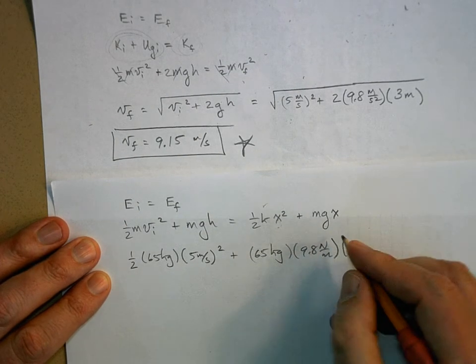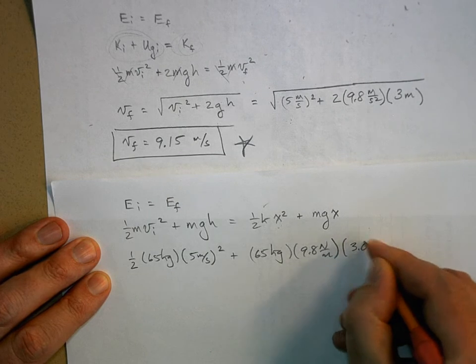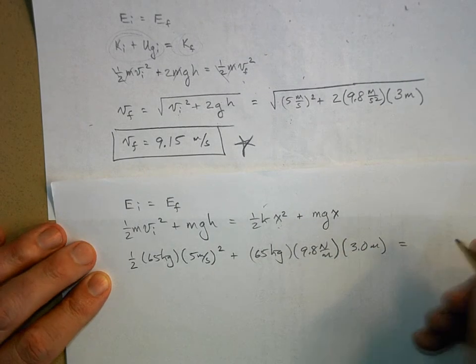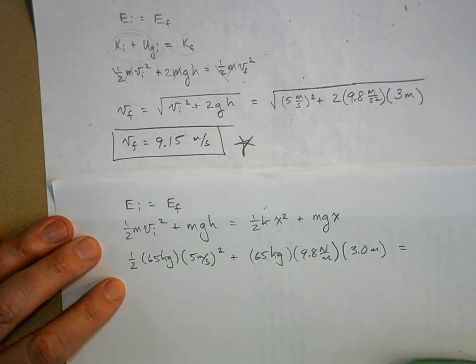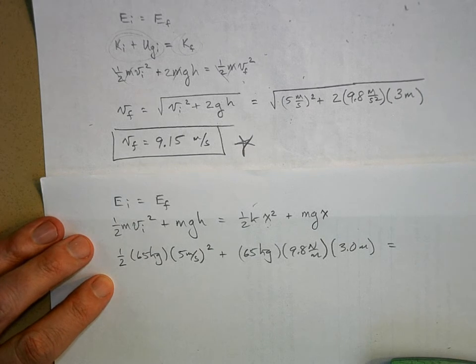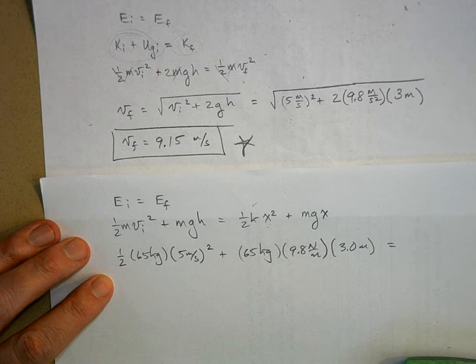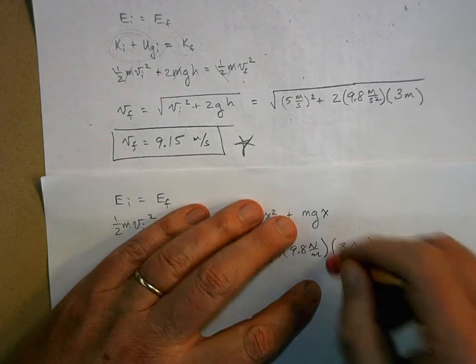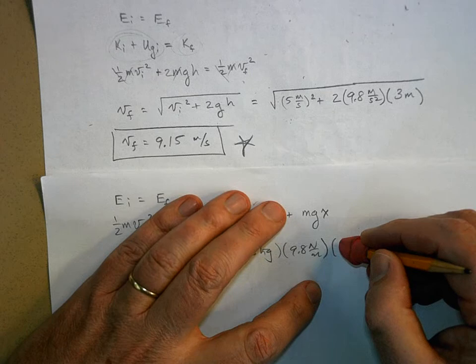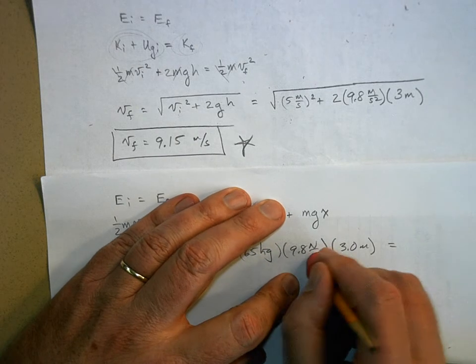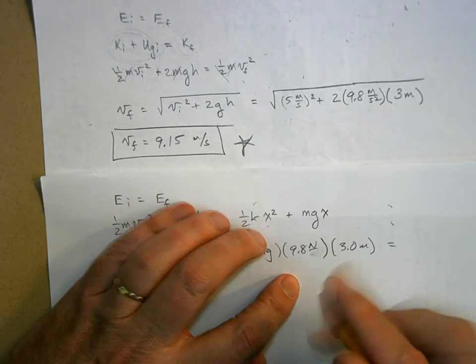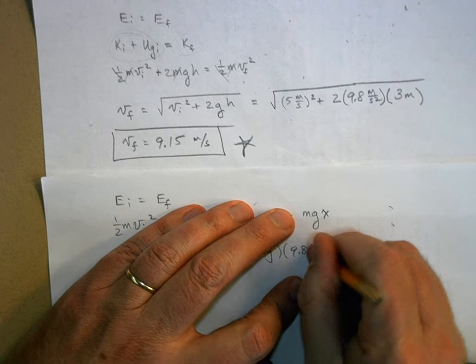This is h, which is 3.0 meters. So how much energy is that? Isn't g meters per second squared instead of newtons per meter? Oh, yes. This should be newtons per kilogram. Well, meters per second squared is right. Yeah, thank you.